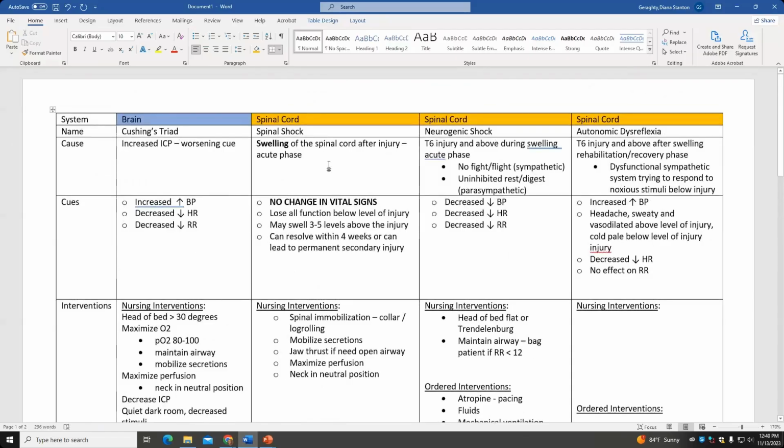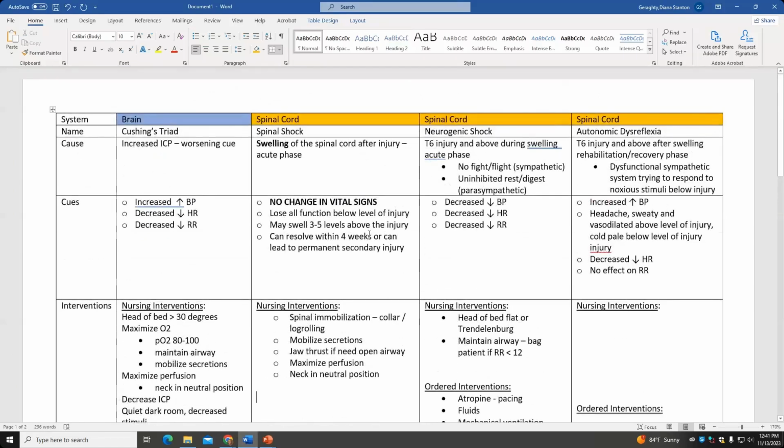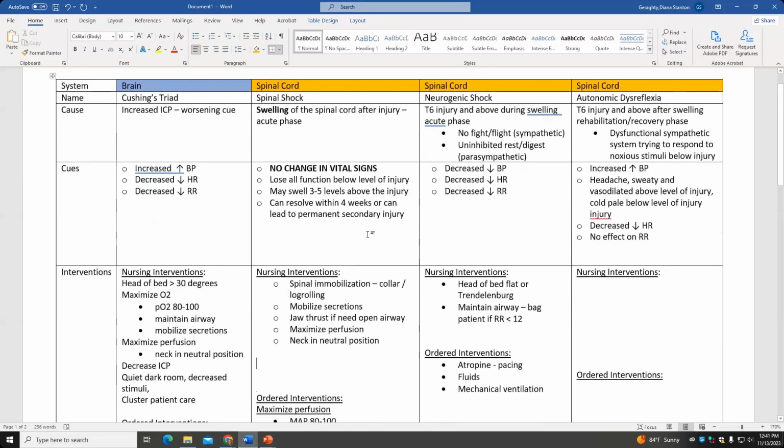The swelling will be reduced by making sure we hold them stable, straight, and then make sure that they're getting adequate oxygen and circulation. Then we just let them heal, okay? We just let them heal. And that's what we're going to wait for, is for that swelling to go down. So minimal interventions and just trying to keep them perfusing and oxygenating while they are first healing.